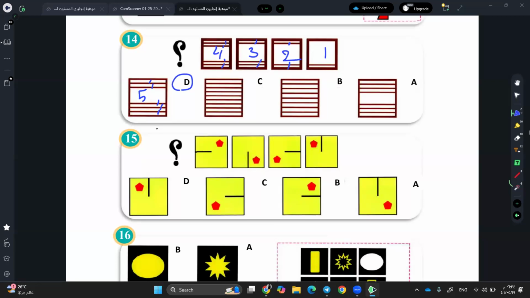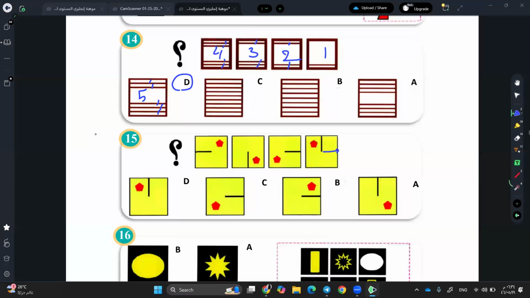Okay, Ali. Yes. Question number 15. Let me help you first. First, let's see what is the position of the line. The line moved like that. First it's on the top, so it moved down. Oh, let me say on the right.